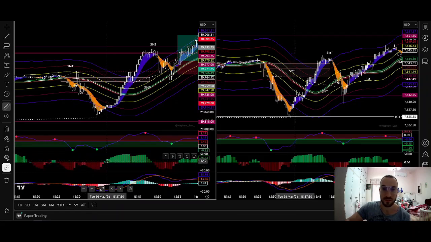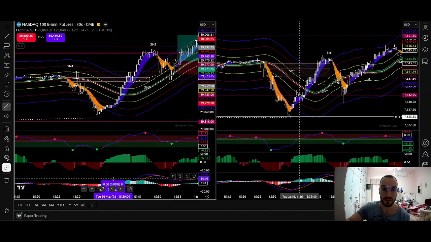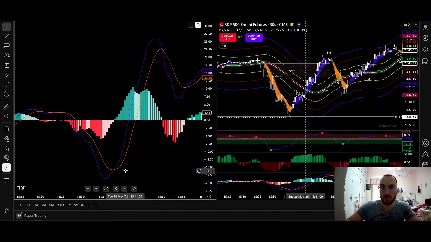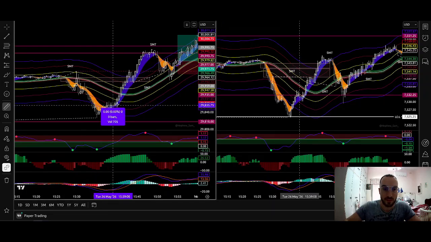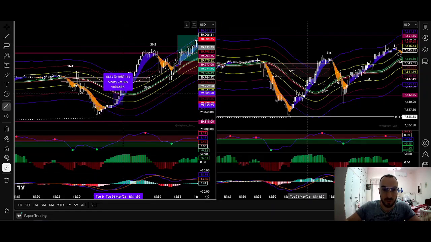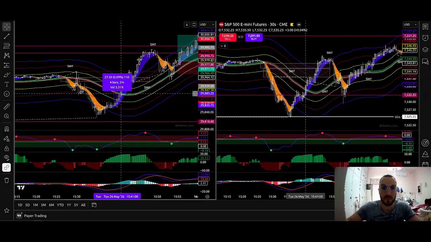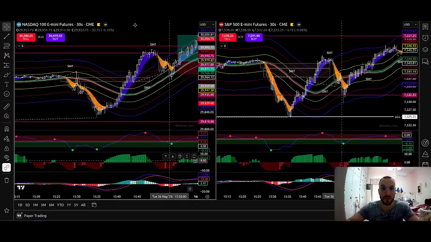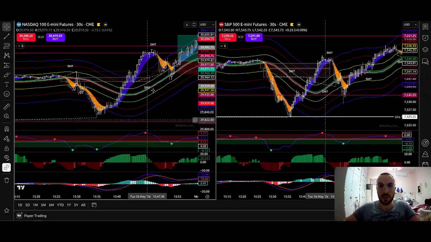BX trender starts to recover, MACD histogram starts to recover as well, and then we get the flip right here with the crossover on the MACD, and then we get the bullish move. First we mean revert to the fair value band, and then we keep on going up until it all flips back around. So this is the mechanical aspect.